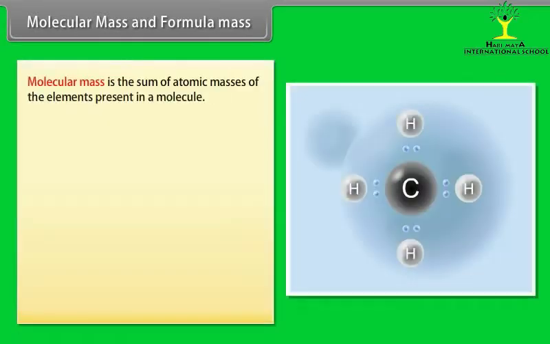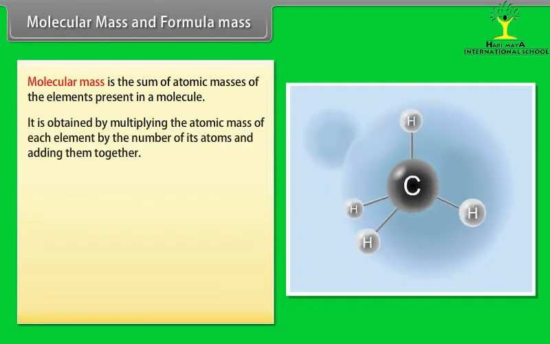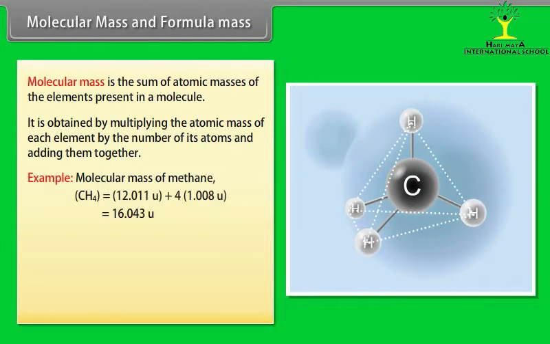Molecular mass and formula mass. Molecular mass is the sum of atomic masses of the elements present in a molecule. It is obtained by multiplying the atomic mass of each element by the number of its atoms and adding them together. Example: molecular mass of methane CH4 is equal to 12.011 u plus 4 × 1.008 u, which is equal to 16.043 u.